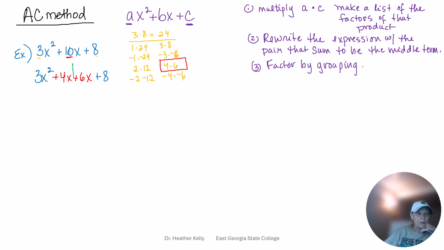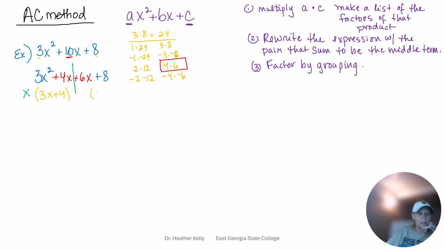So now I can factor this by grouping by cutting it in half and taking a look at the left hand side. What can we pull out of the left hand side? It looks like we can only take out an x, which is fine and dandy. What does that leave us with? That leaves us with a 3x plus 4 as our twin.